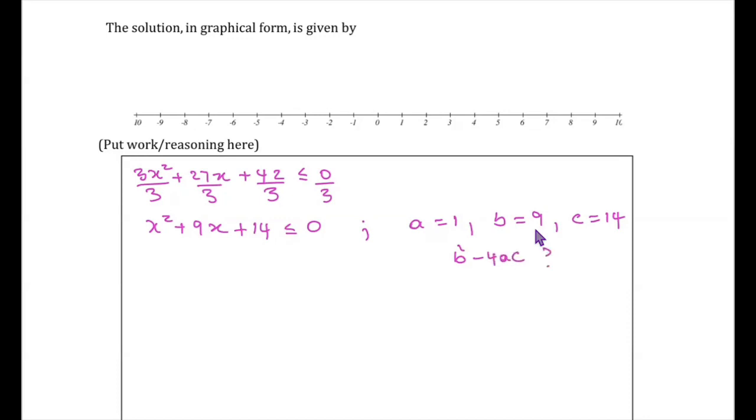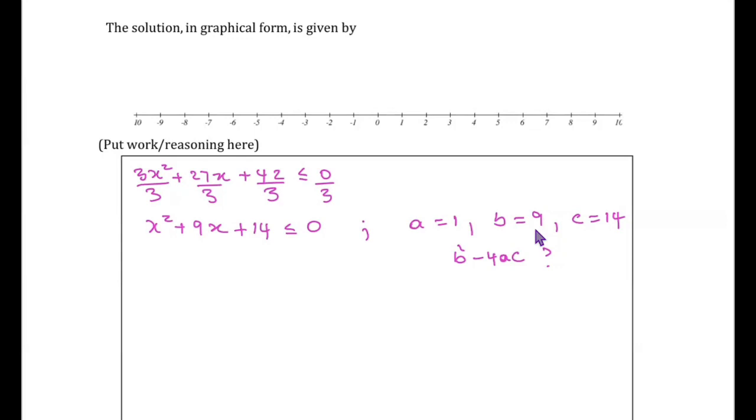We can try to find it, but obviously we can also try to see if we can find 2 factors of 14 that the sum is 9.